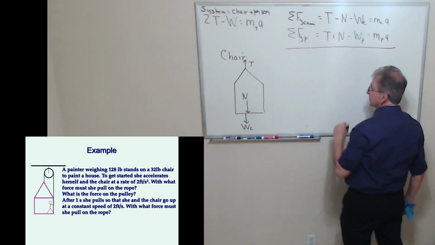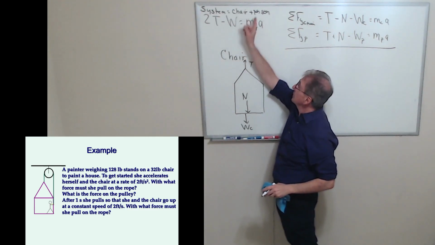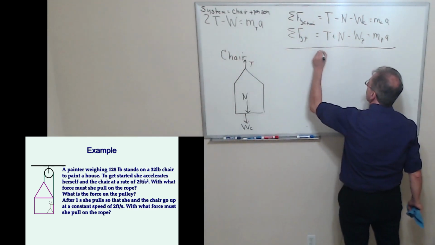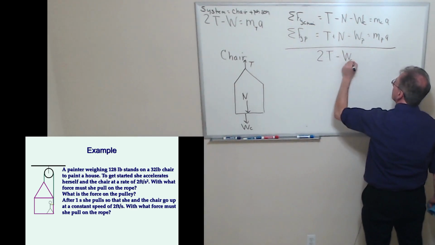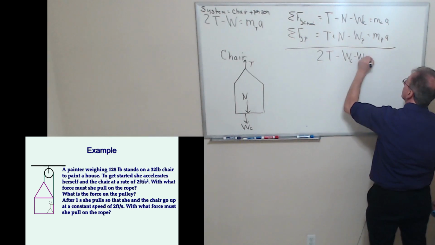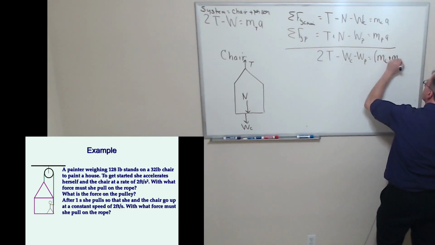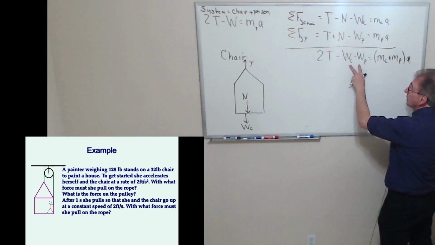These two forces, which are internal when I define the system as consisting of the chair and the person, go away. And so I have 2T minus the weight of the chair minus the weight of the person is equal to the mass of the chair plus the mass of the person times A. Well, this is the total weight of the system.